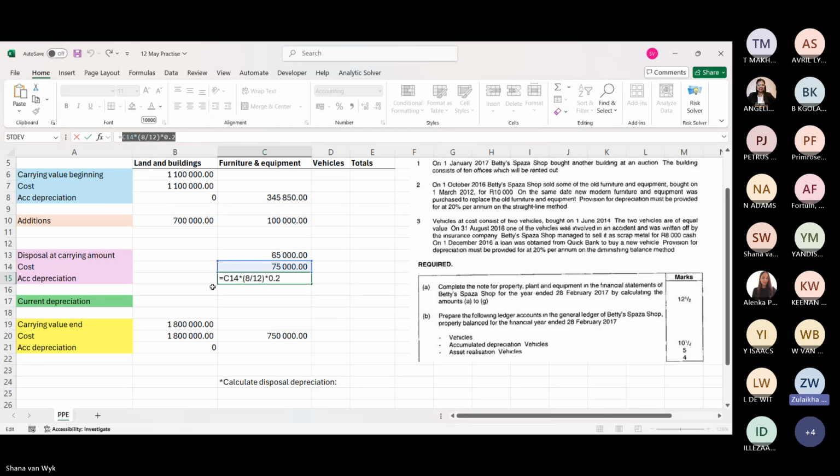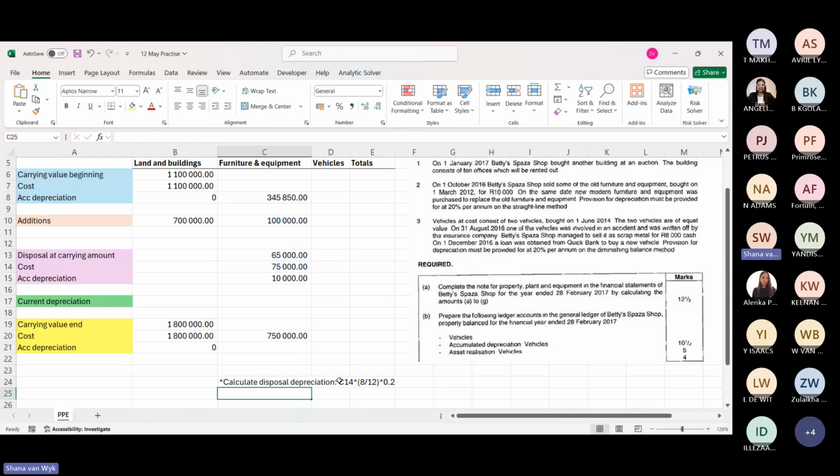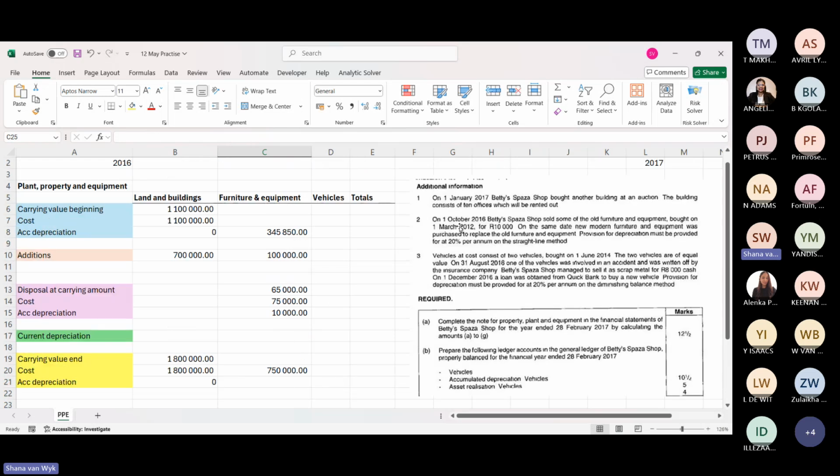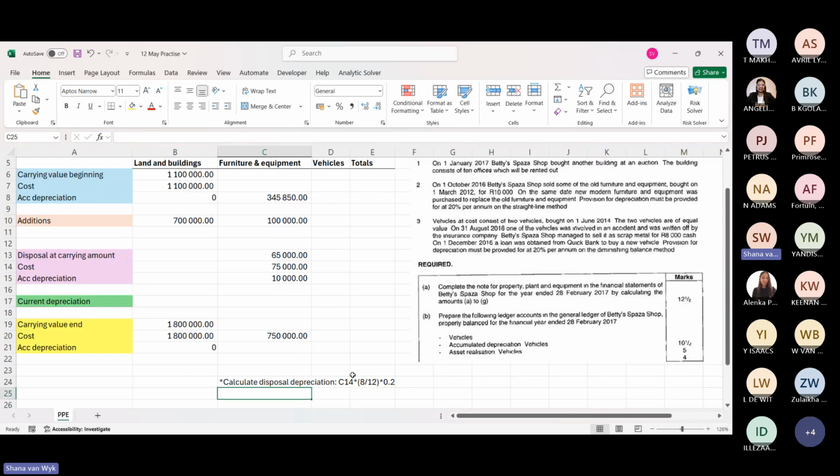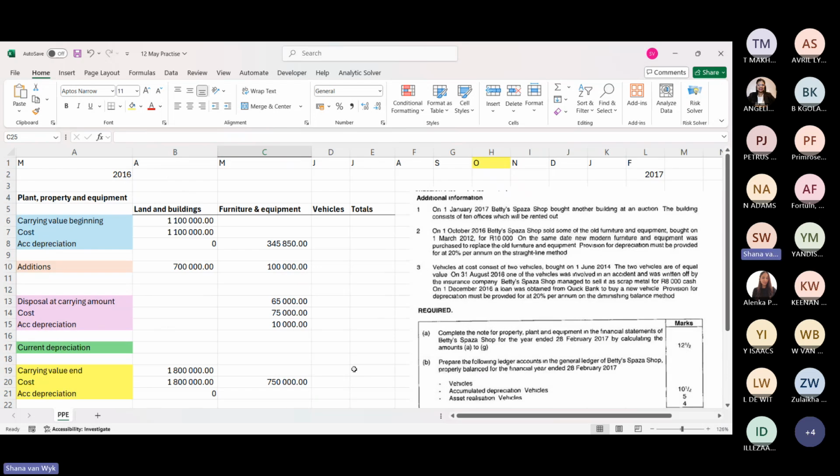The cost of the disposal is 75,000. That is given. So then we know up until that date we sold it. We calculate. It's 2016. Okay. But now this is what we remove.